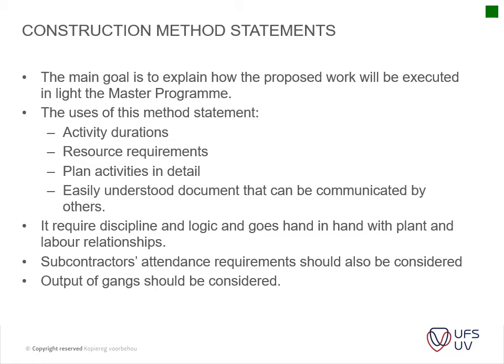The uses of this method statement is activity durations, resource requirements, plan activity details, easily understood documents that can be communicated to others. If required, discipline and logical and goes hand in hand with plant and labor relationships. Okay, then the subcontractors' attendance requirements should also be considered. Output of the gangs should also be considered. So that's the sequencing that comes into play.